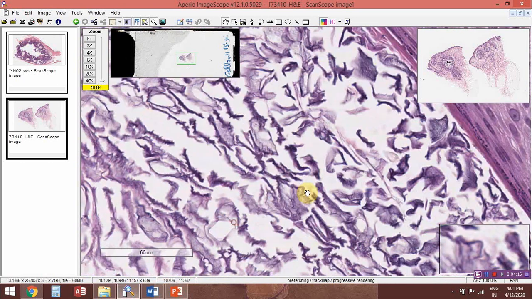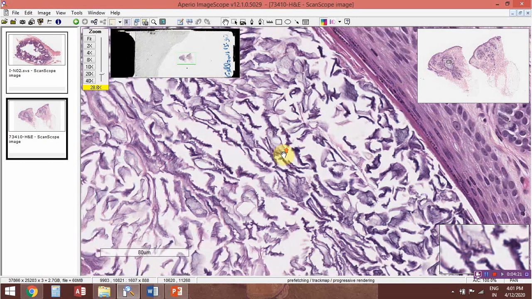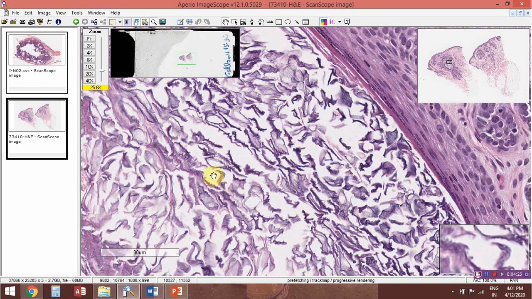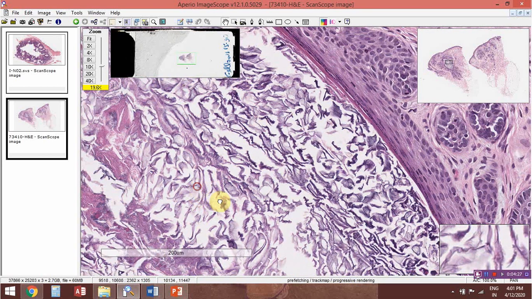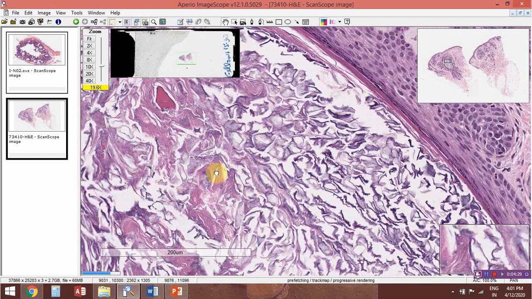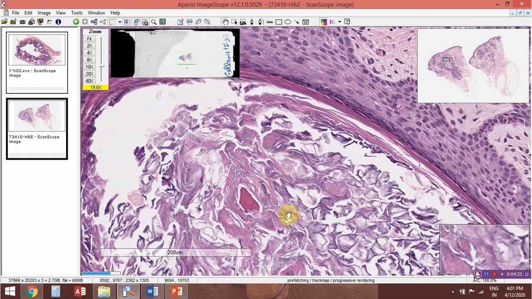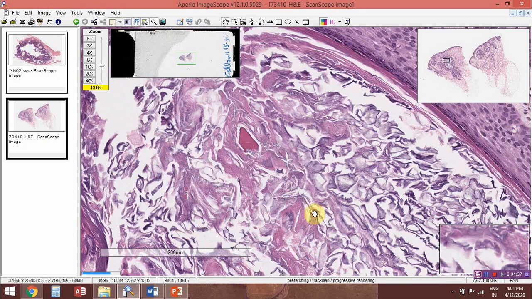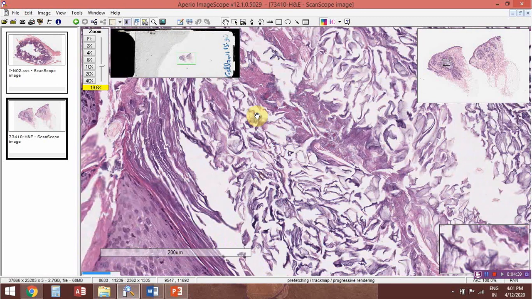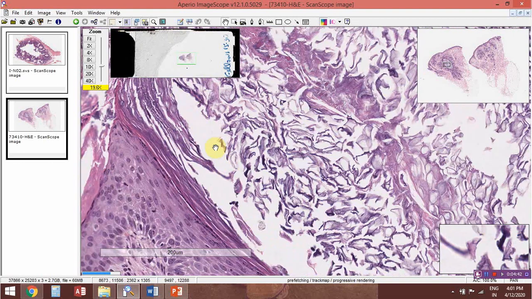In this case we are unable to find any ghost cells or hair shaft, but you can find an ample amount of keratin inside the lumen of the cystic follicle. Most of this keratin is showing hyperkeratosis.